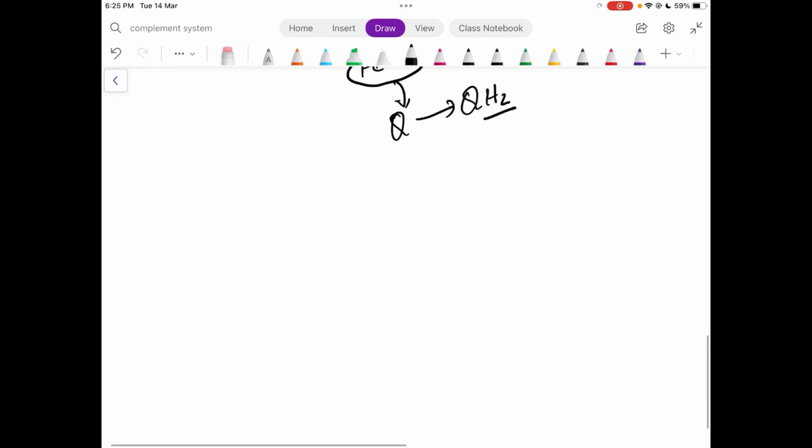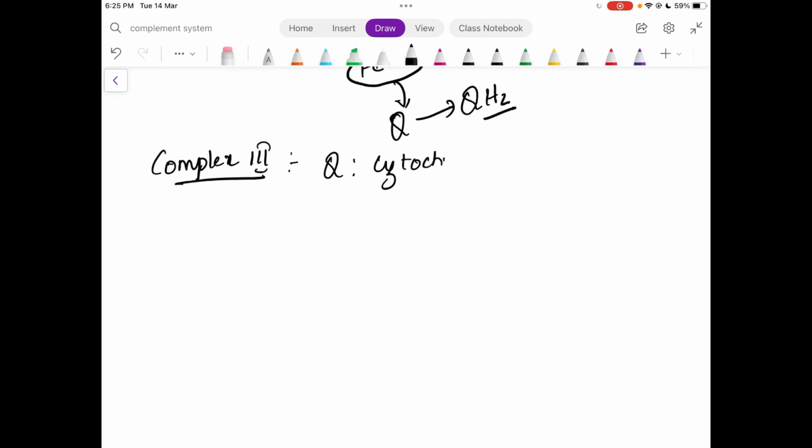Next is complex 3. What happens? You can name this complex 3 as Q cytochrome C oxidoreductase.